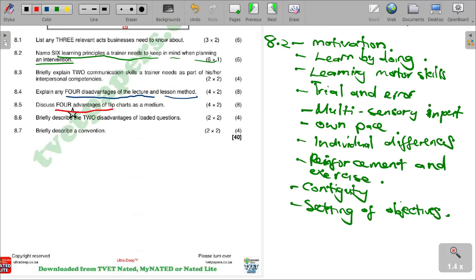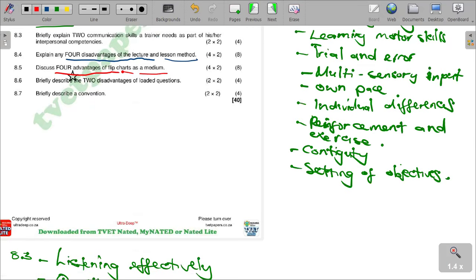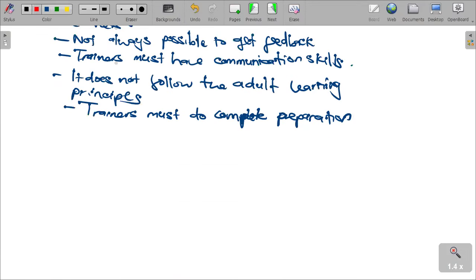Discuss 4 advantages of a flip chart as a medium. A flip chart is a chart one can write on and flip when it's full. What are the advantages of using a flip chart? You can find that it is cheap to buy, and it is readily available.